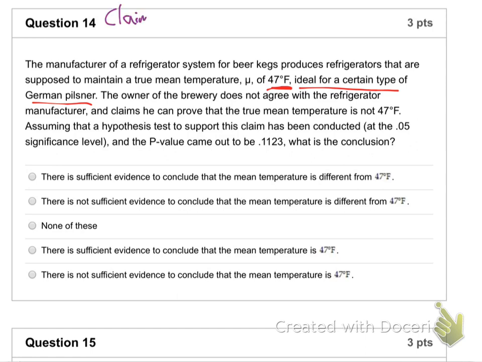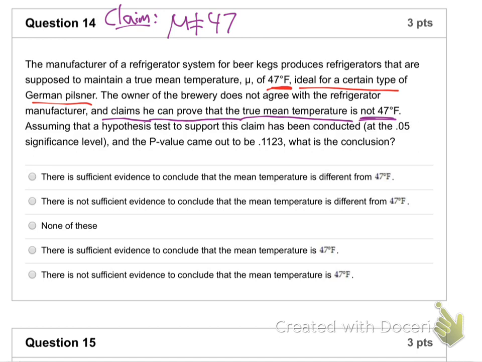What's being claimed on this one? Yeah, claims he can prove that the true mean temperature is not 47 degrees. So mu is what? Not equal to 47. That's what he's claiming.